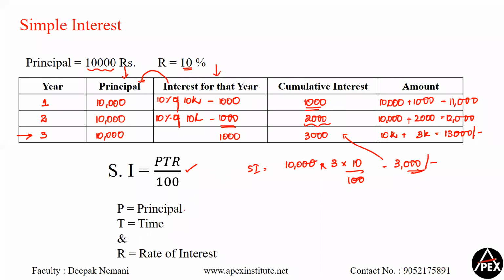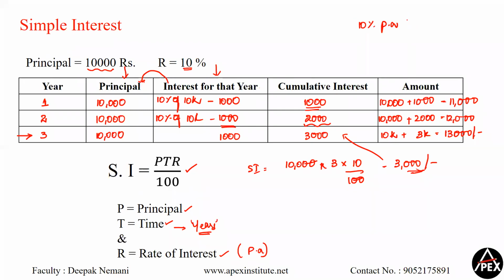In this formula, P is principal, T is the time period, and R is the rate of interest. Rate of interest is generally given on a per annum basis, isn't it? Then you need to consider time in years. If it is given that the rate of interest is 10% per annum, then you need to consider the time in years.